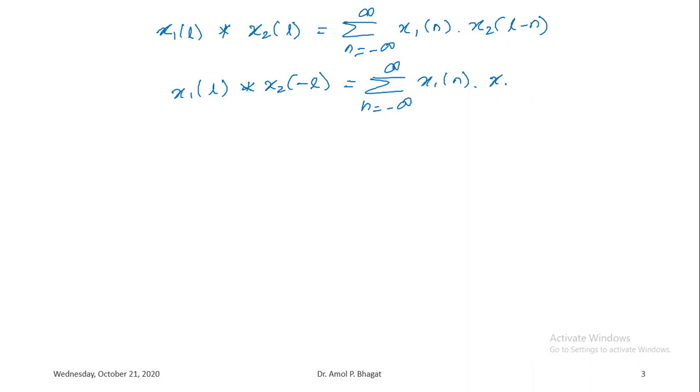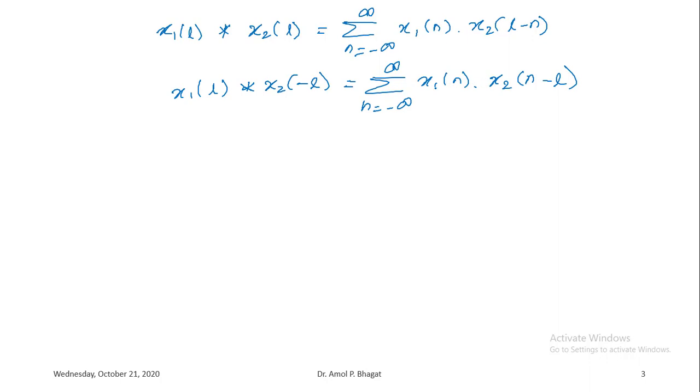Multiplied by x2 of what, here I'm replacing this with a minus sign, so it will simply be n minus l, correct?